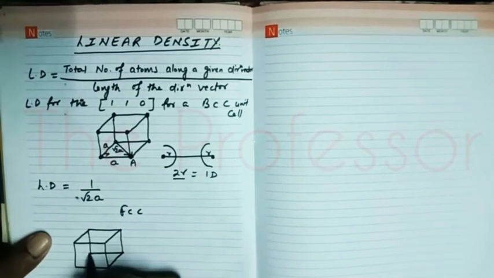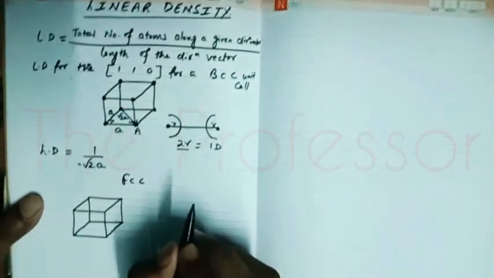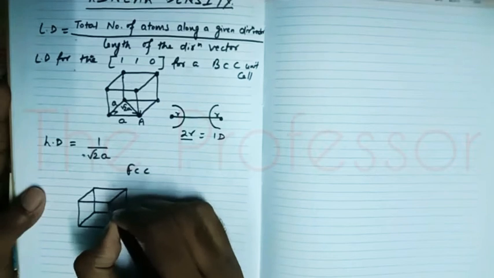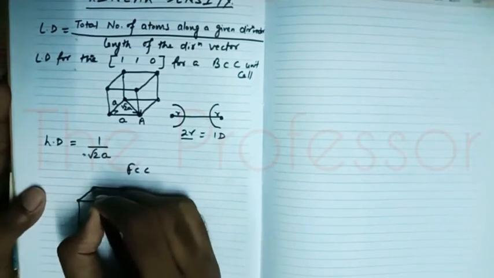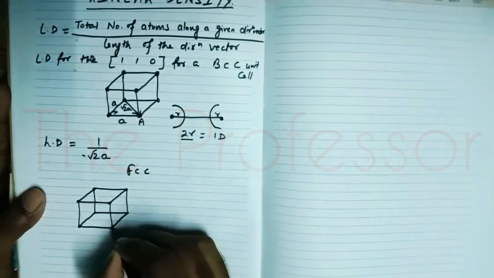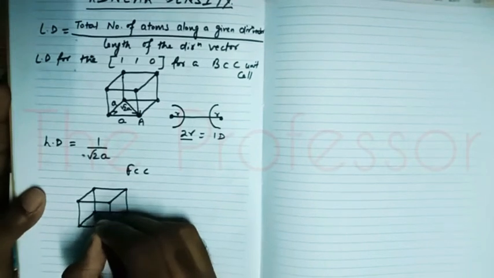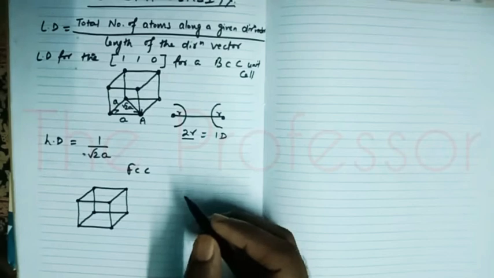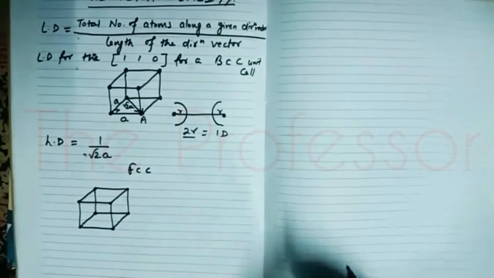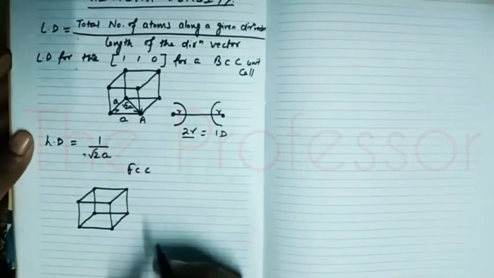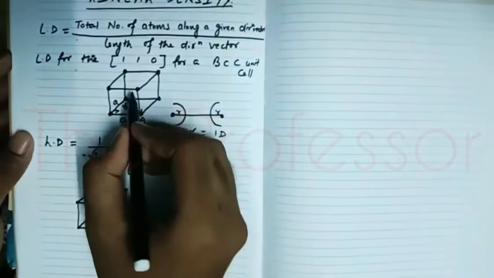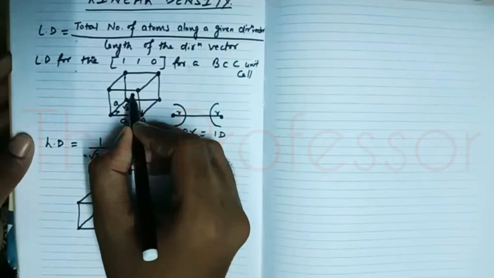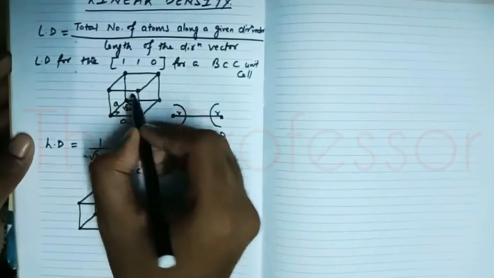We know that in an FCC unit cell, apart from the atoms present at each of the 8 corners, we also have atoms at the center of each face. A cube has 6 faces, so we have atoms at each of the 6 face centers, right? So let us focus on one face center. This was BCC, so there was one atom also present at the center of the unit cell which we had not drawn here, right?